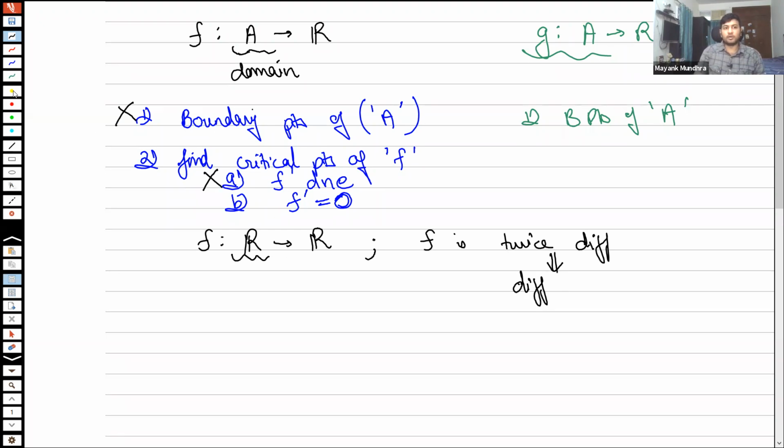So the only possibility for an optima is f prime equals 0. When these conditions are given, that the domain is R and the function is twice differentiable, or even differentiable for that matter, we don't need to look at the other two things. We only need to focus on f prime equals 0, and that will give us the optimas.